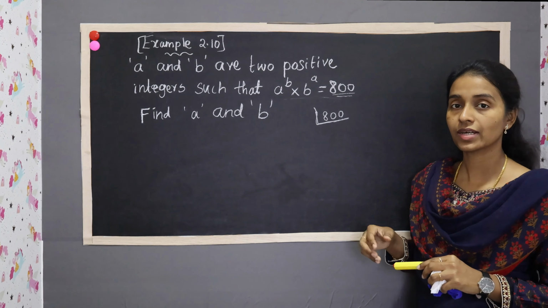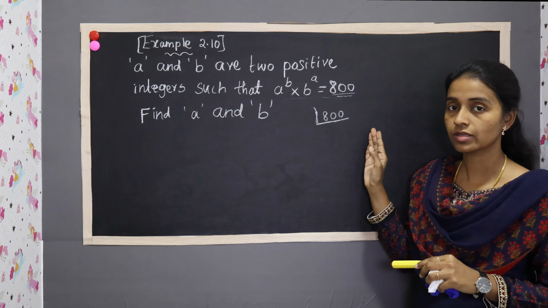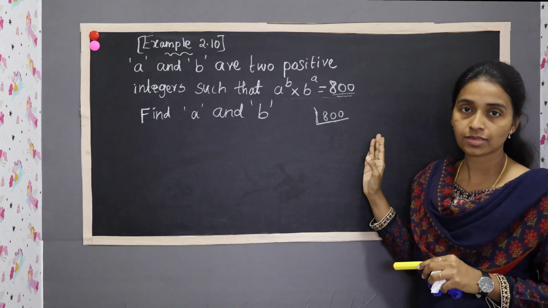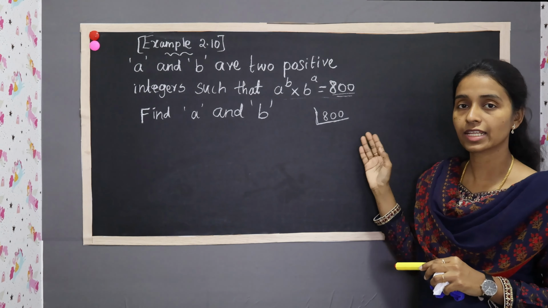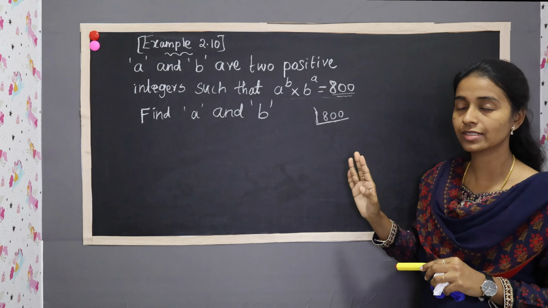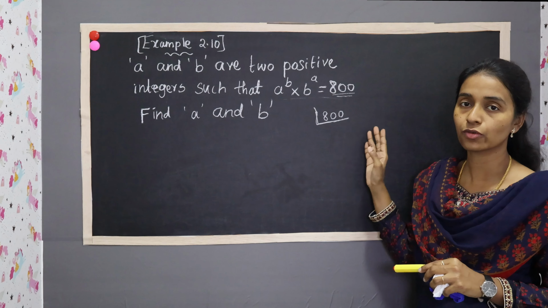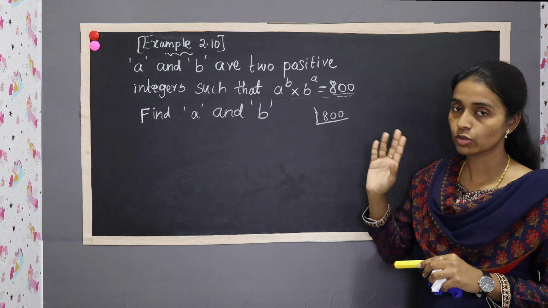We can divide any number by 1 easily, right? So just forget that 1. We are starting from 2, 3, 4 and so on.